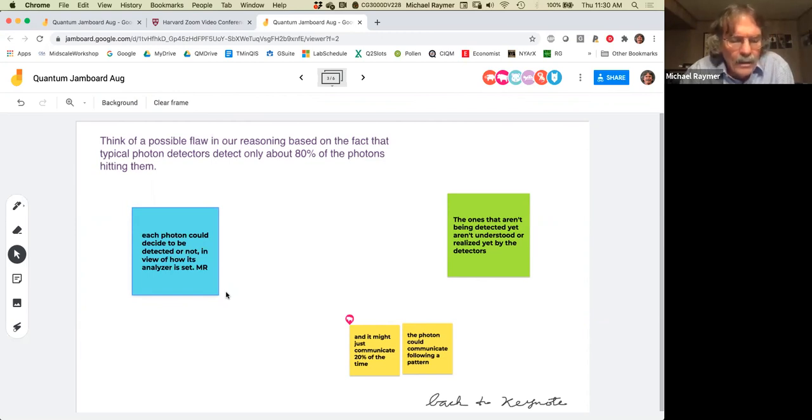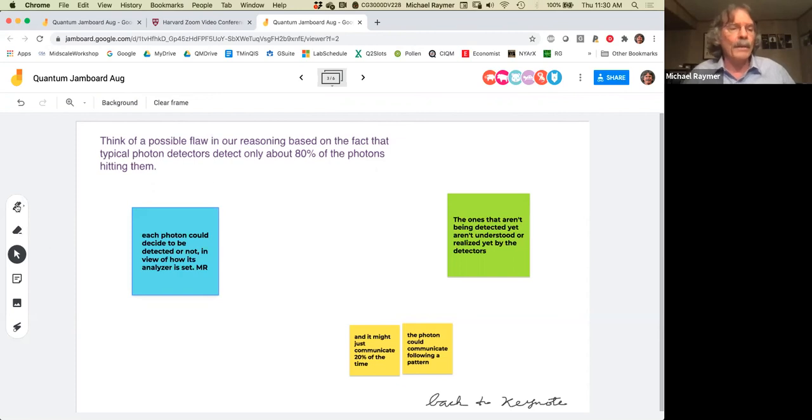They said, well, I'll do this, you do that. And then once each photon gets to its analyzer, it sees how Alice set the analyzer, and then the photon decides, I'm going to be detected or I'm not going to be detected. It turns out that that is sufficient to create a conspiracy and to destroy the conclusions that we'd like to make about the experiment. So this one had to be fixed.